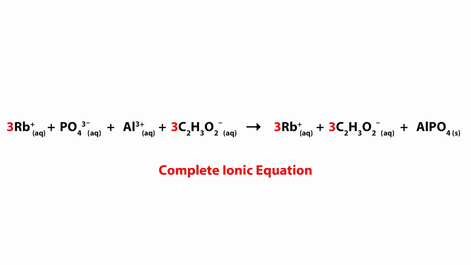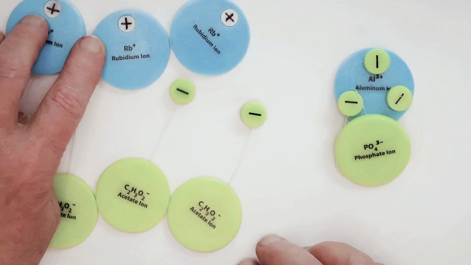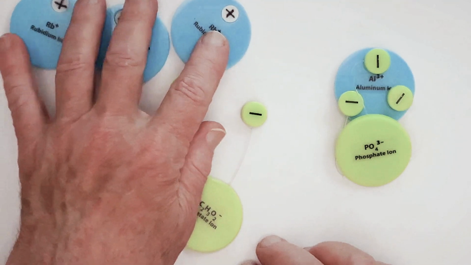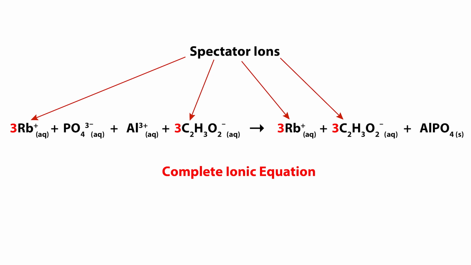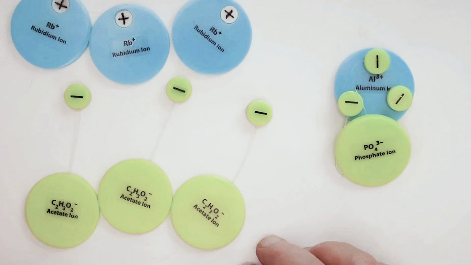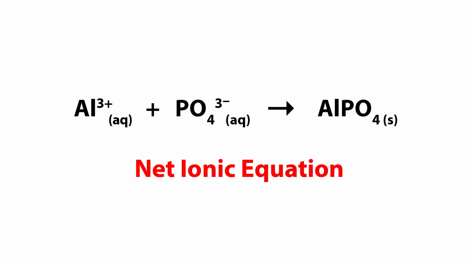Now, if you notice, we started with rubidium ion. We ended with rubidium ion. We started with acetate. We ended with acetate. Those are spectator ions. They're just looking. They don't do anything. We can ignore them. So there's one final equation that we can consider. It's called the net ionic equation, and it just talks about the things that make the final solid, which in this case is aluminum phosphate.